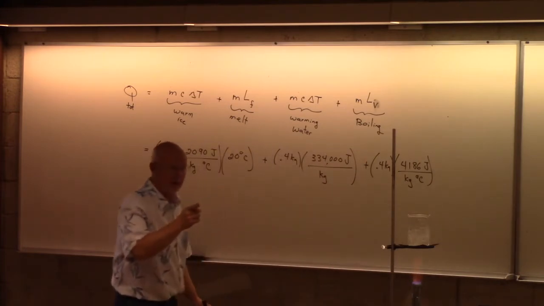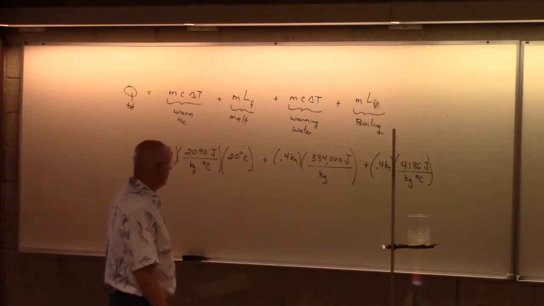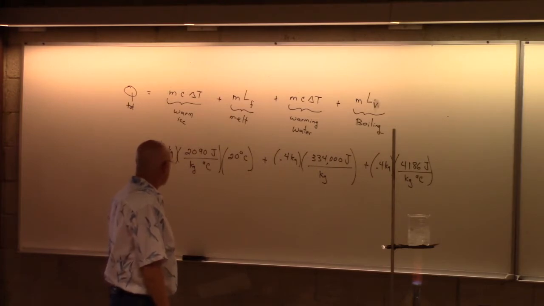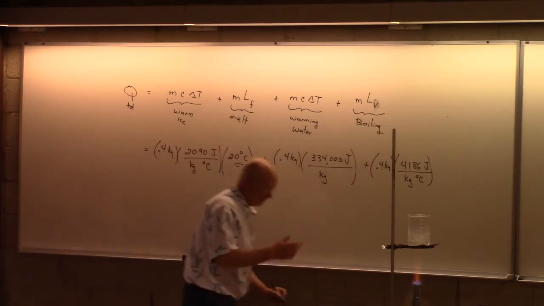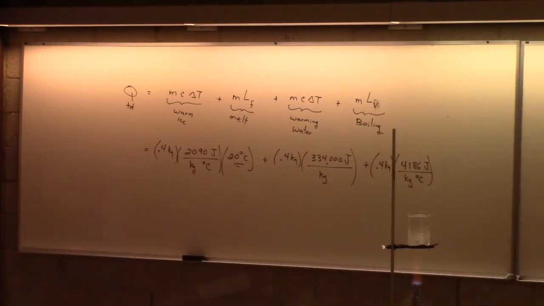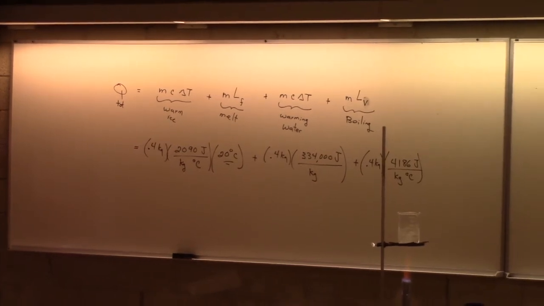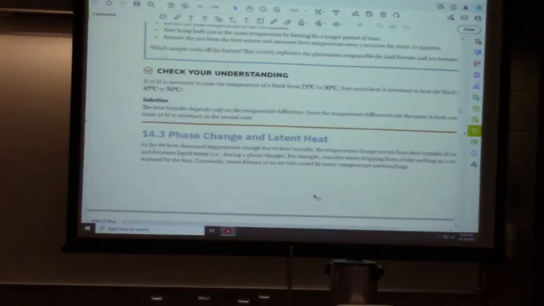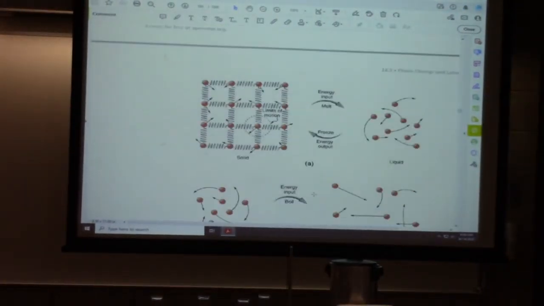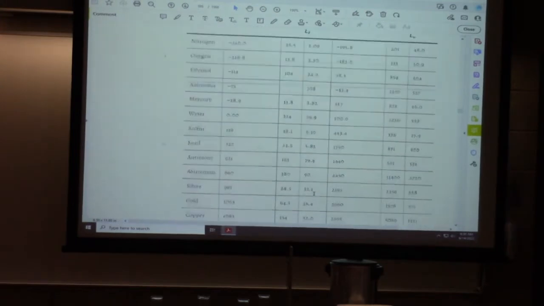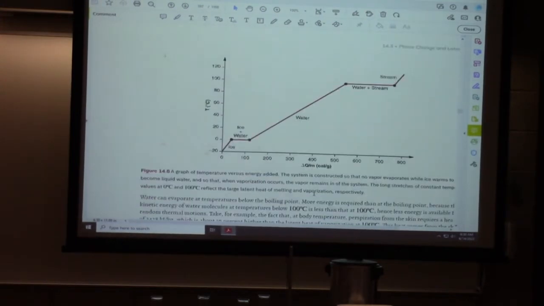Where did you get that 20 for delta T? Right. Okay, so I got the 20 because of the ice, and I'll show you in the chart here. I guess the short answer is I got it from the chart.